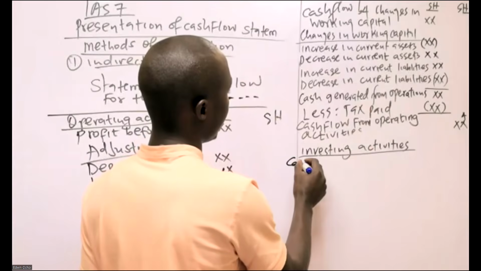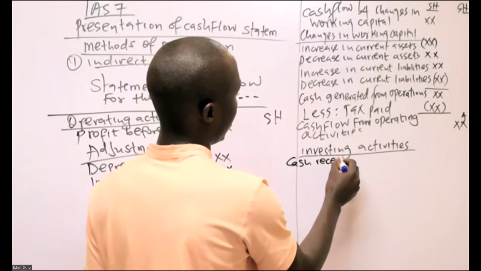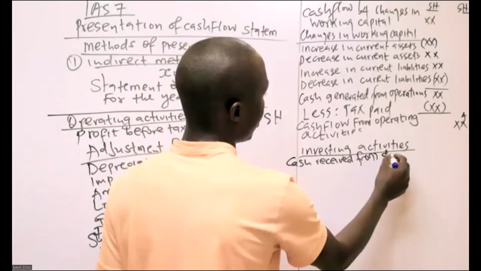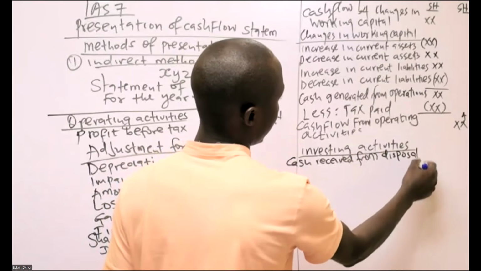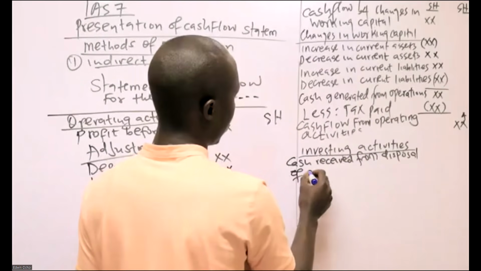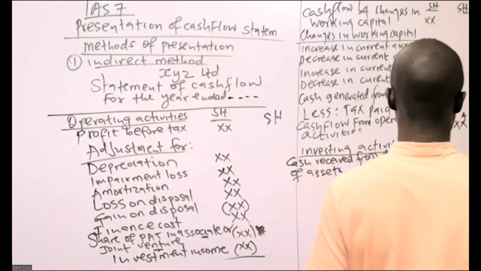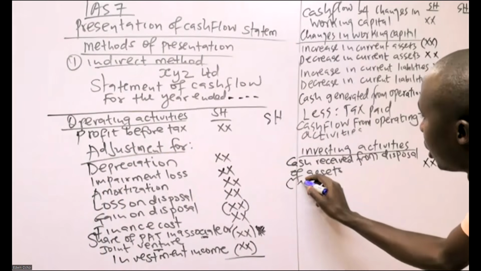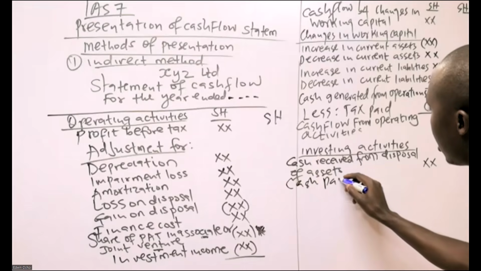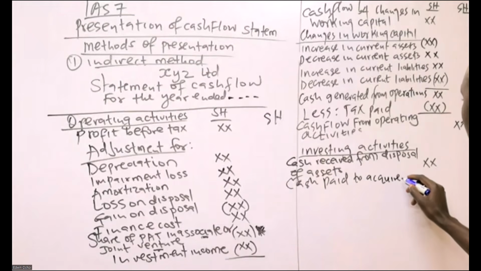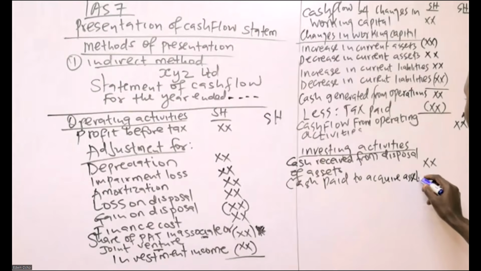So cash received from the disposal of assets. So this is money in. Cash paid to acquire assets. So in some cases, you acquire assets and pay cash, that is money out.